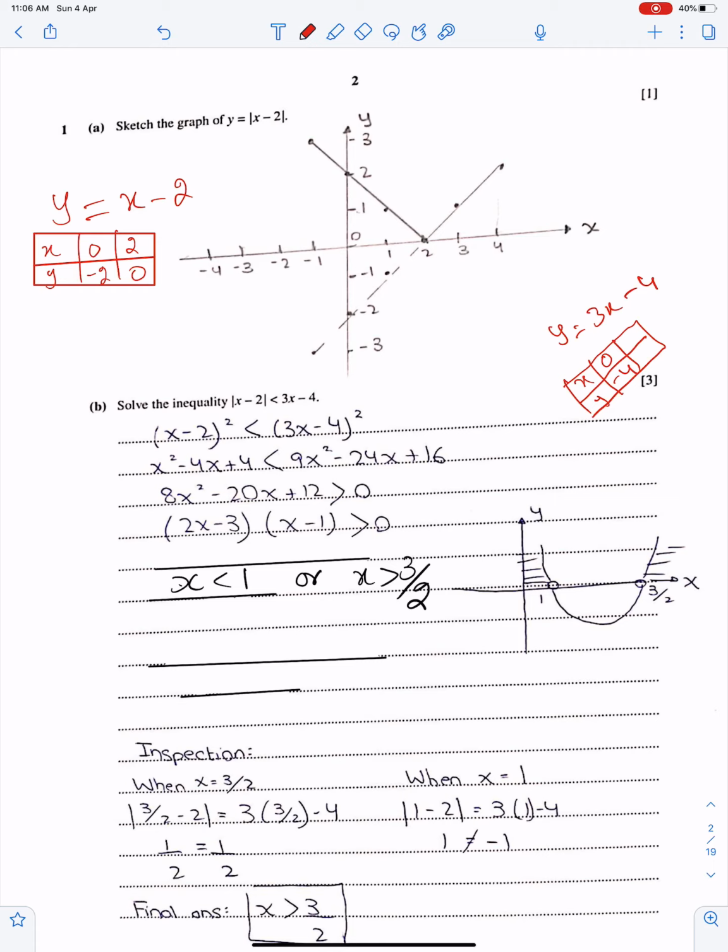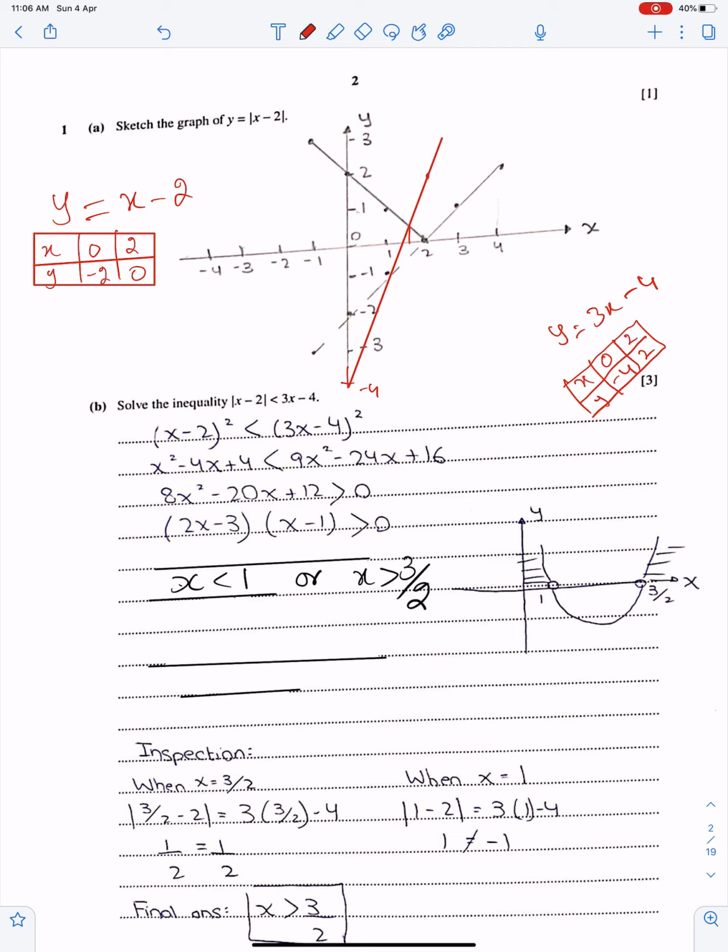When x is 2, then y is, I think, 2. So (0, -4) and (2, 2). This is the other way to solve this inequality. This is the intersection point.